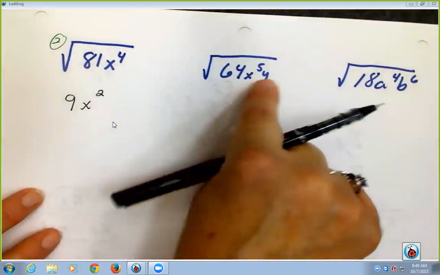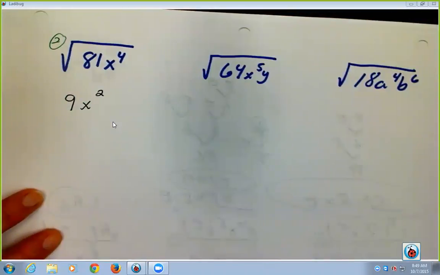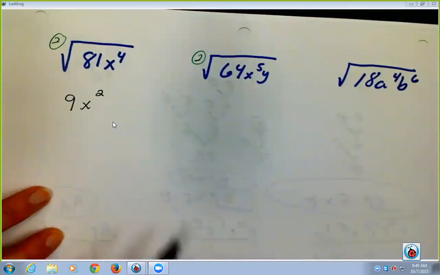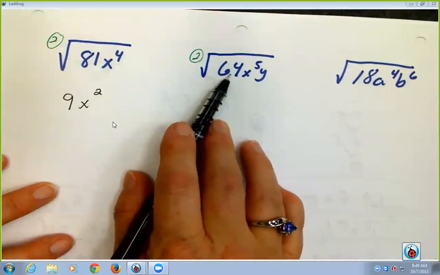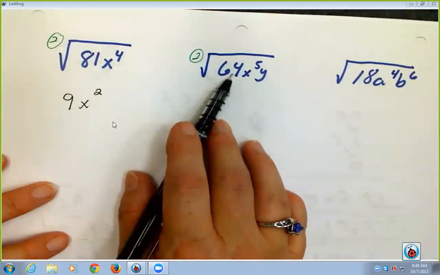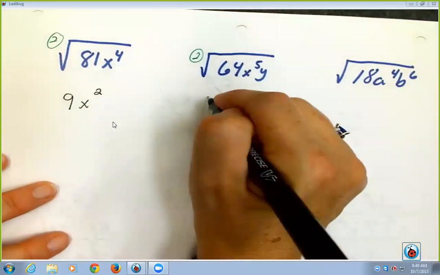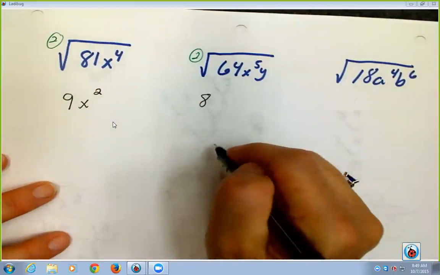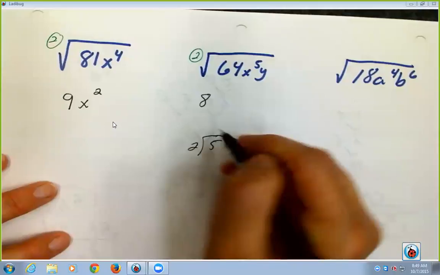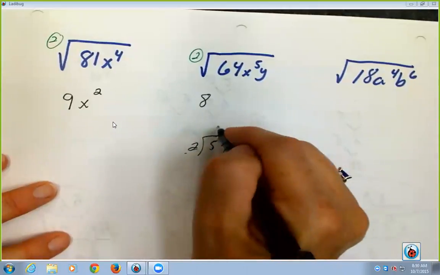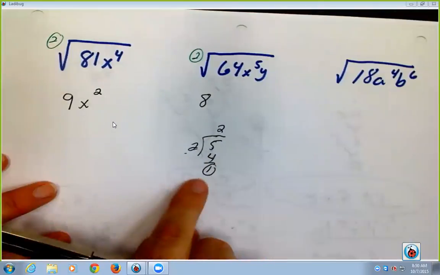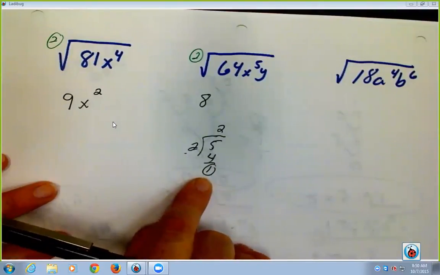Okay. This next one, index again is 2. But what do I know about 64? Is 64 a perfect square? It is. So I can pull out an 8. 2 goes into 5. So 5 divided by 2. The number of how many times it goes in there, that is your exponent on the base. The remainder is the exponent on what's left under the radical.